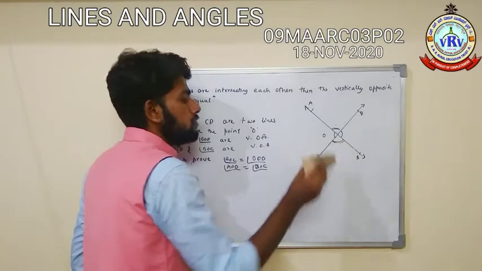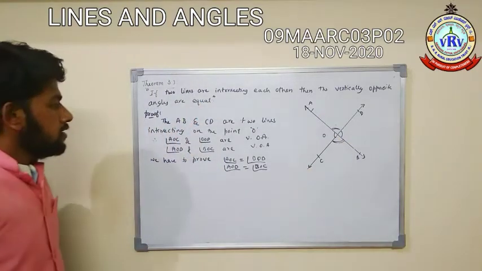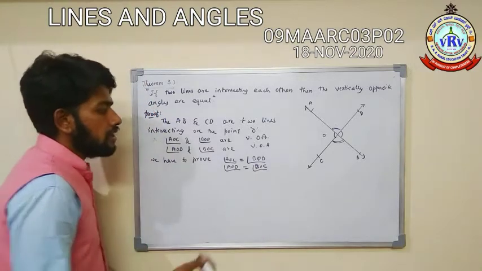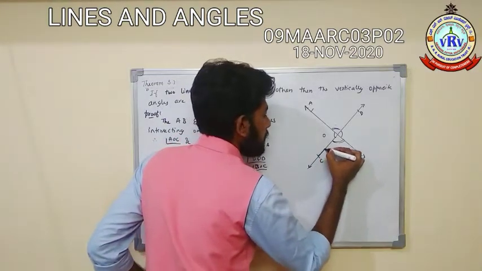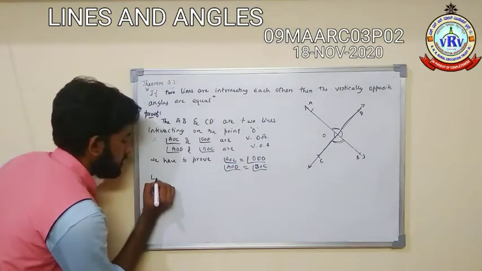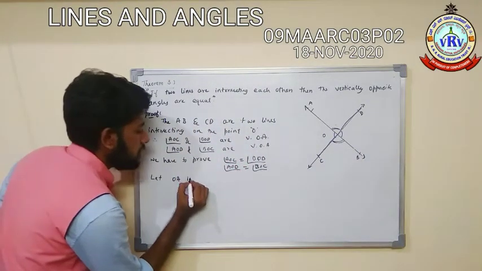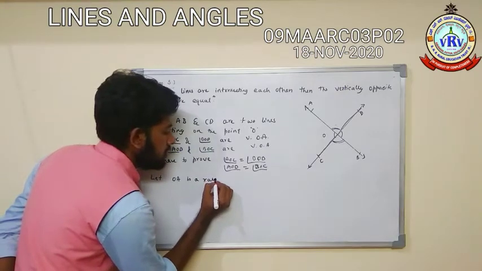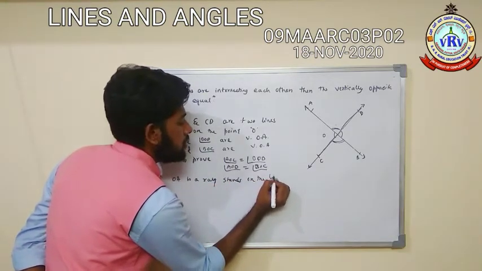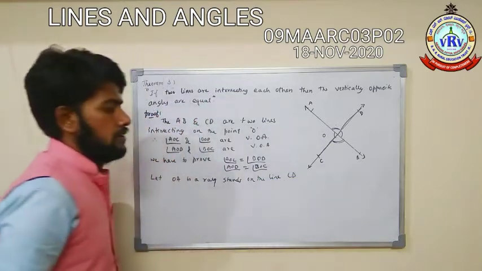To prove this theoretically, let me consider the line CD. OA is a ray that stands on the line CD.